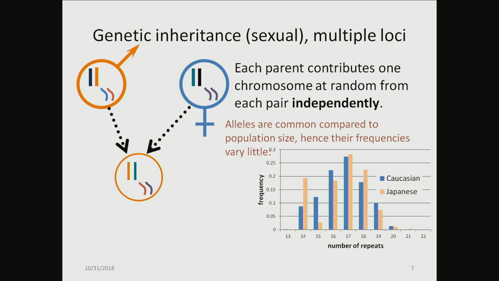And as an extreme example, if we compare Caucasians and Japanese, who are separated by tens of thousands of years of evolution, that is, we both left Africa 60,000 years ago, let's say, so we have been apart between the two of us for 120,000 years. Divide that by 20 or 30 years per generation, and we have a few thousand generations between us.